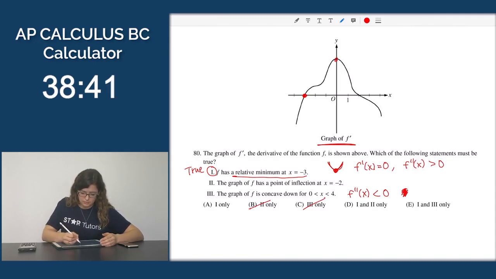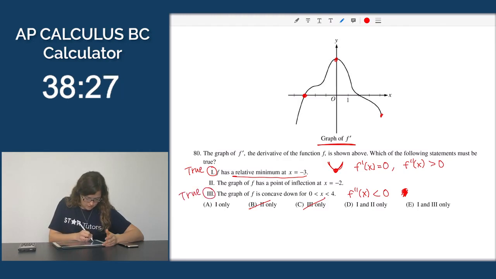So from 0 to 4, the slope of the function that we're given, f prime, looks negative. So I'm going to say that one's true. True. So 1 and 3 are true, so it must be E.